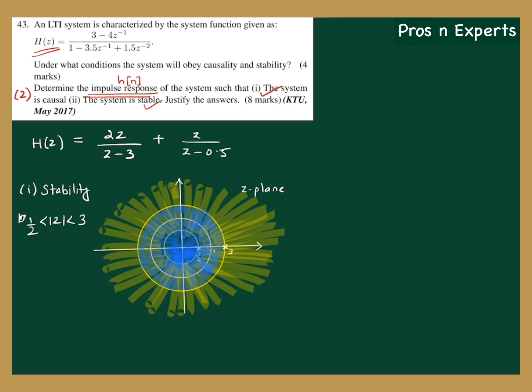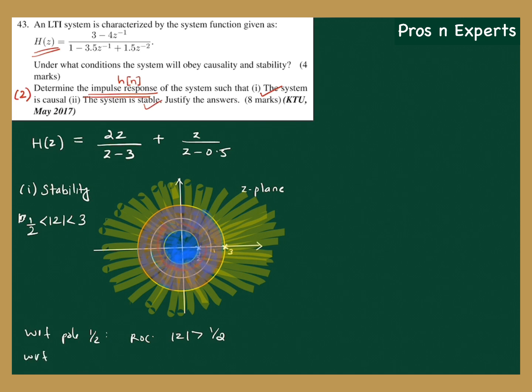Then only the intersection of these two ROCs gives this circular disk part, that is half less than mod z less than 3. Okay, so I repeat, what we have done is, with respect to pole half, the ROC was mod z greater than half.